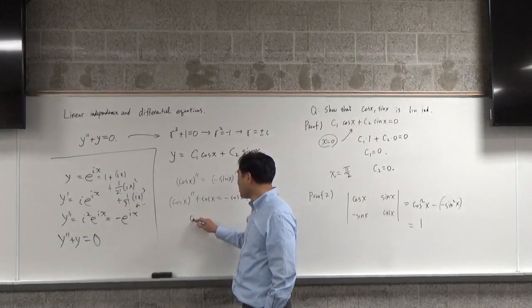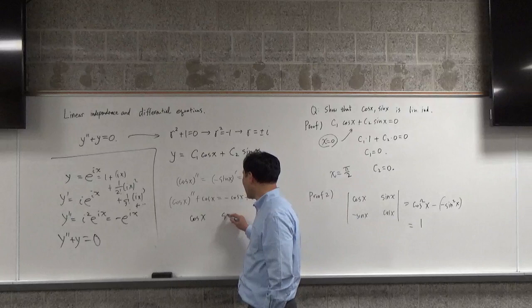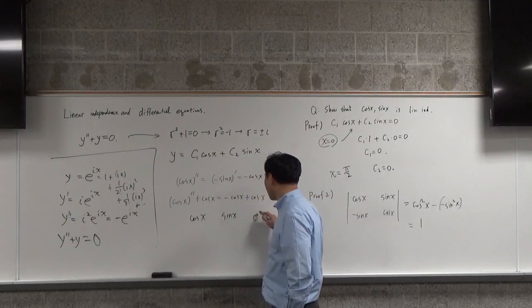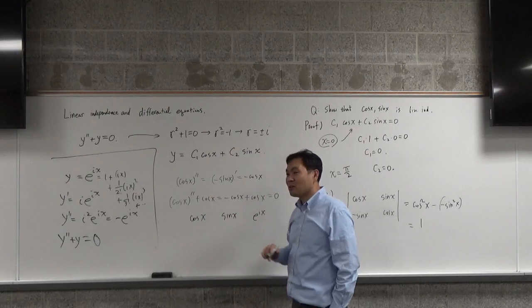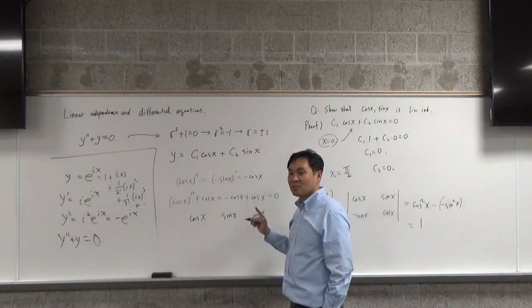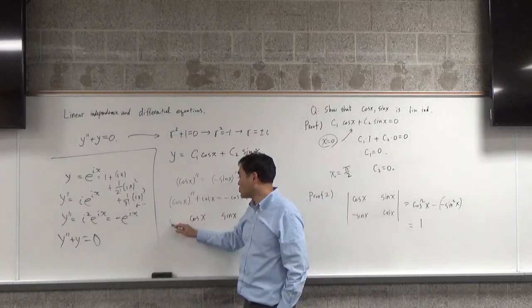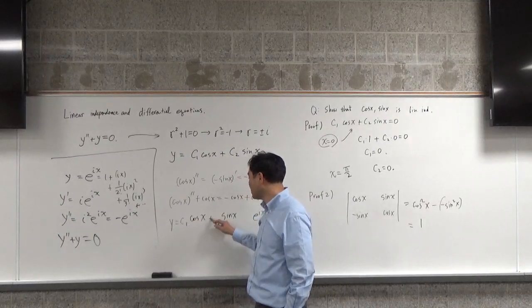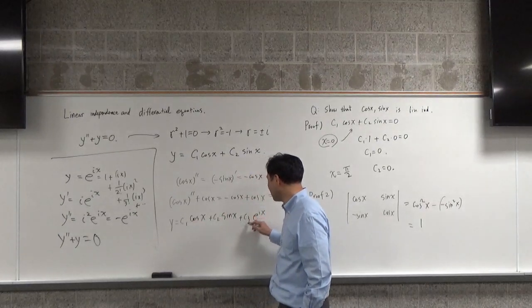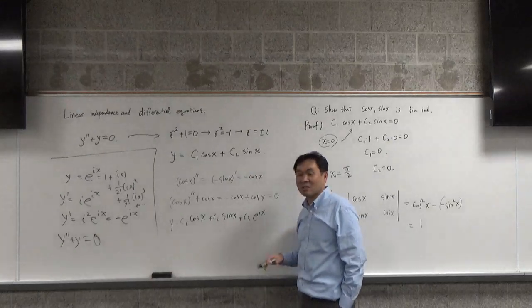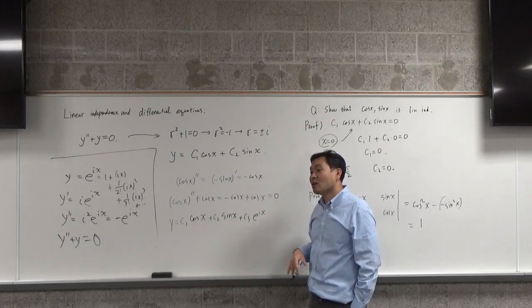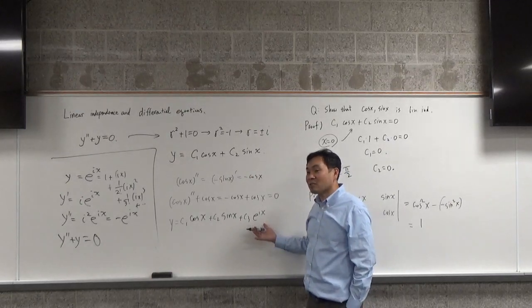Maybe this system, cosine x, sine x, e to the ix, forms a linearly independent list, so that now the solution has to be written as y equals c1 plus c2 times c3, just like that. That's one possibility.